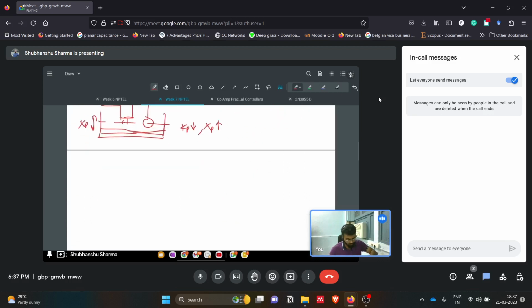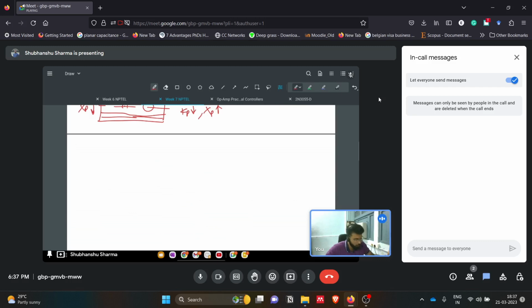Now this was about how we can perceive a proportional controller, but how can we realize it using op-amp circuits? For that, we use two inverting amplifier configurations, like this.